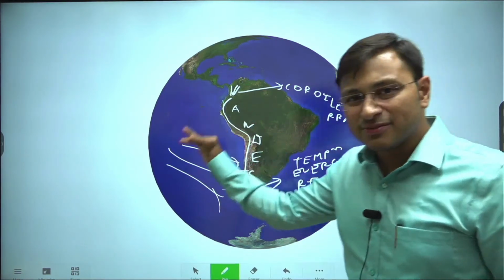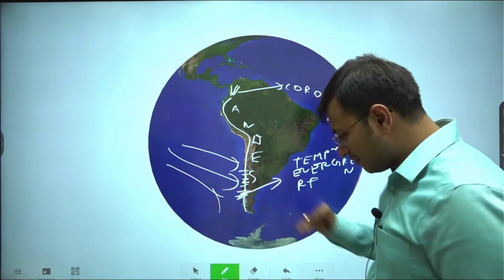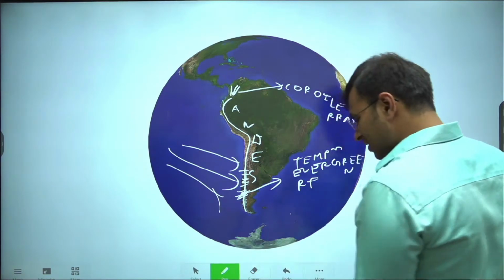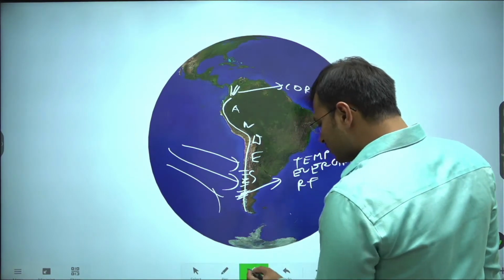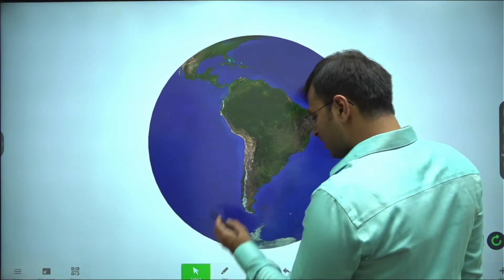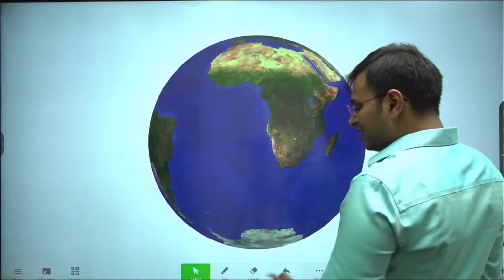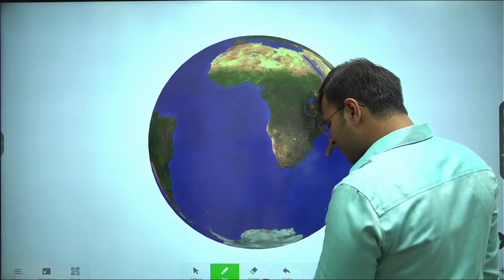So same thing. Now let us apply the same thing for Africa, and first of all let's see whether we can apply it to Africa or not. Do you have land which is being intercepted in Africa? No. Why?